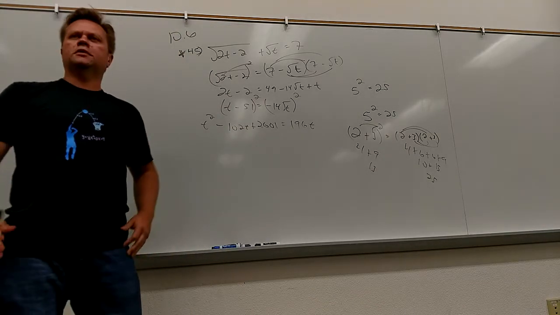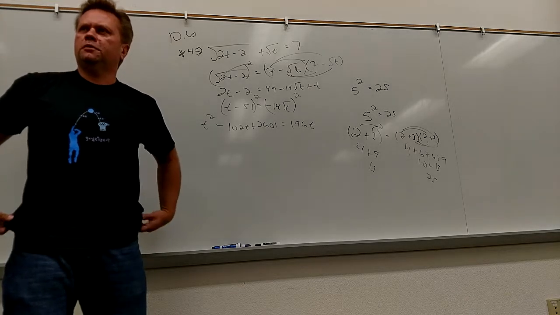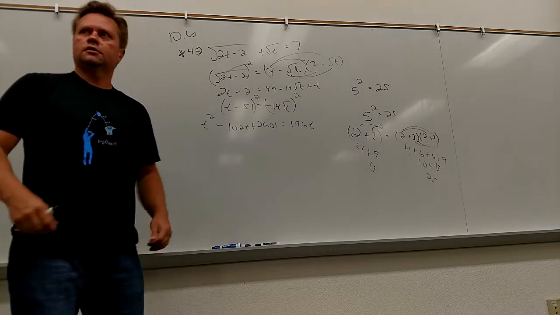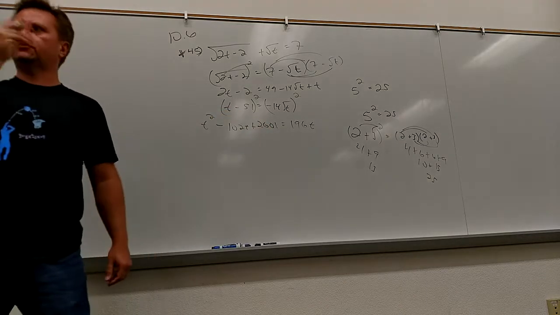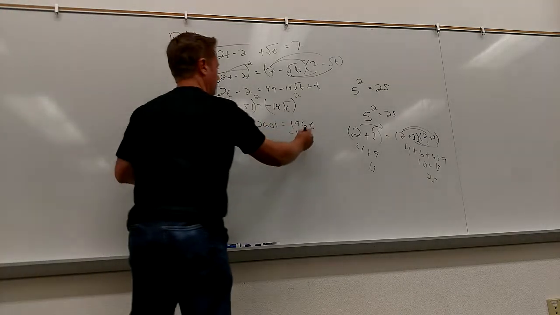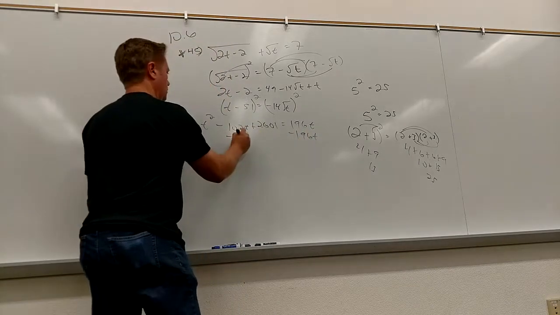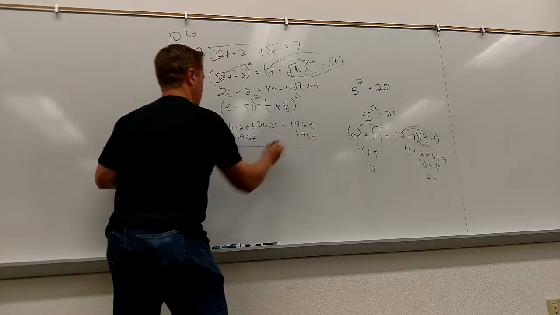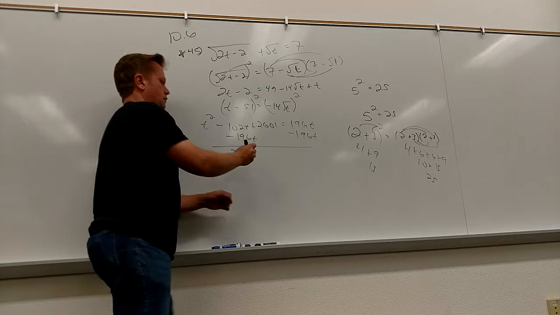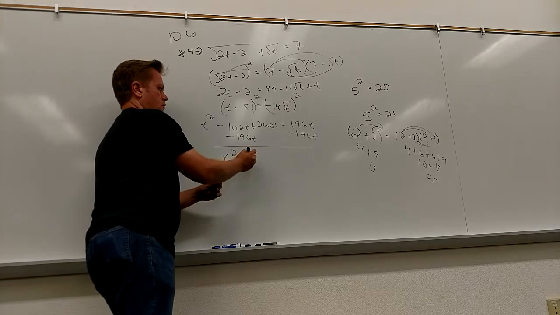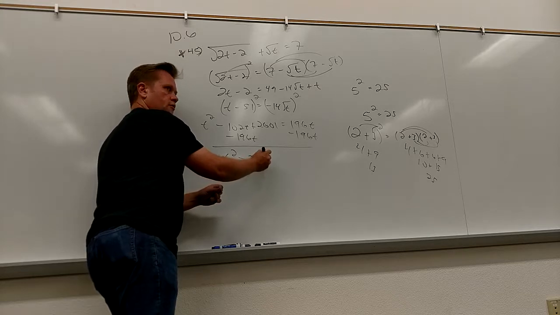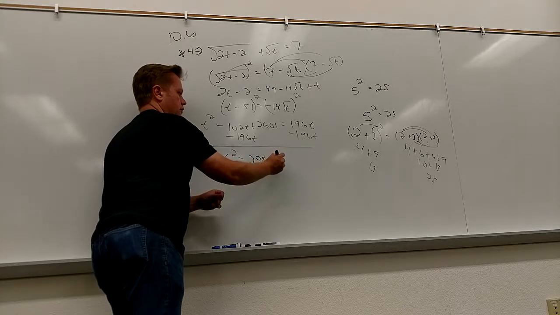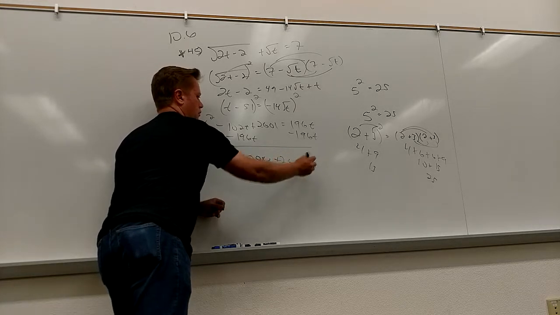And this is about a place where some people just sort of give up and they're like, maybe he won't notice I didn't finish this one. But now what do I have to do? Subtract 196T. T squared minus 298T plus 2601 equals 0.